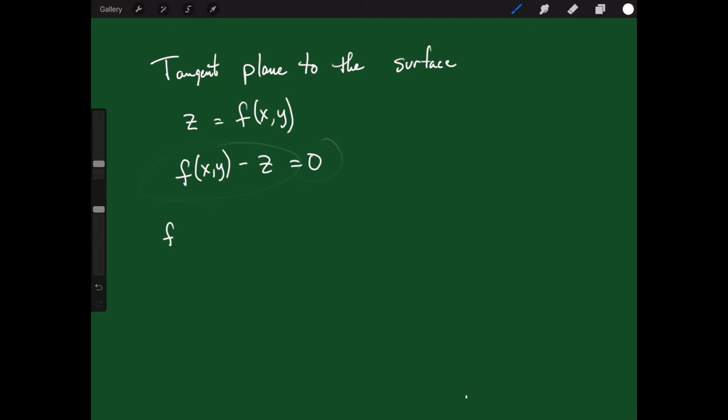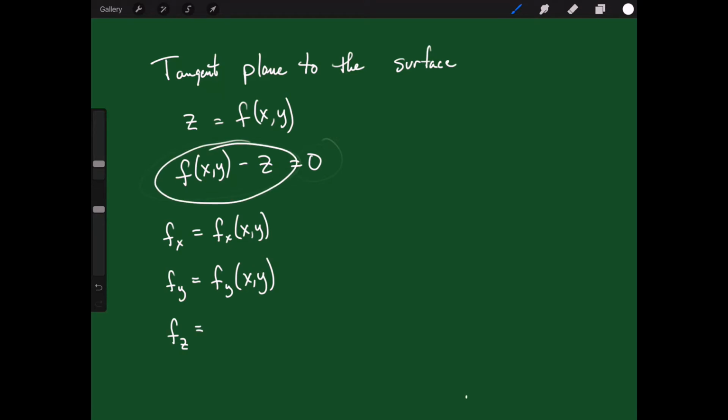So the partial here with respect to x of the left side is just going to be the partial with respect to x of f of xy. The partial with respect to y, in this case, is just the partial with respect to y of xy. And the partial with respect to z, in this case, if this is the left side, that's my function, the partial with respect to z is just -1.